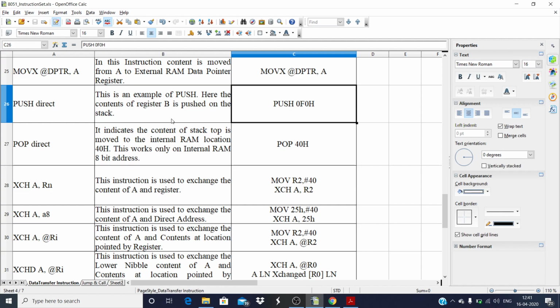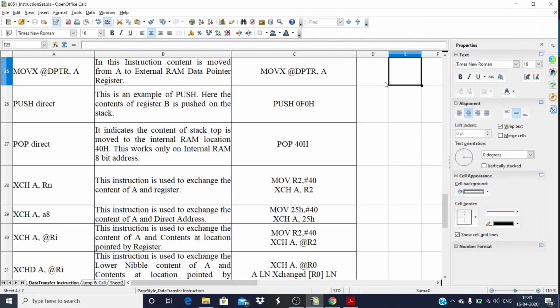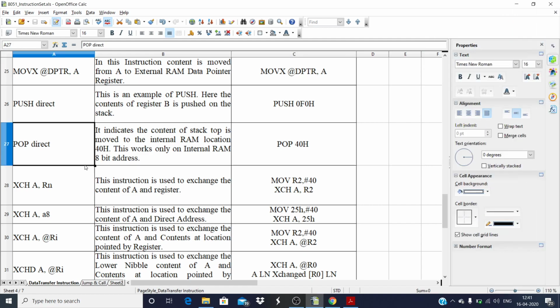Next instruction, POP. It indicates the contents of the stack top are moved to the internal RAM location 40H.